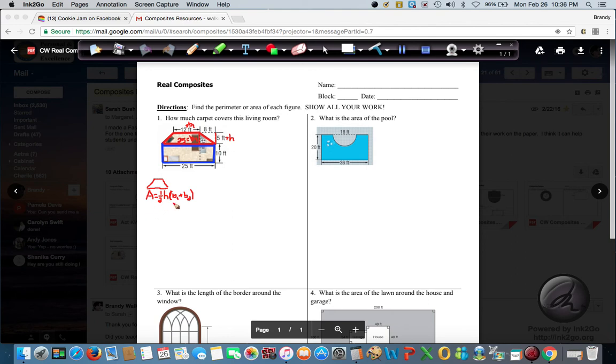Now, if we come down here, it's just a plug and chug. So my area is going to equal 1/2 times the height, which we said was 5. Remember, when they're right beside each other, that means times the sum of the two bases. And the reason I say it like that is because you have to add the bases first. So we're going to have the 12 plus the 25.